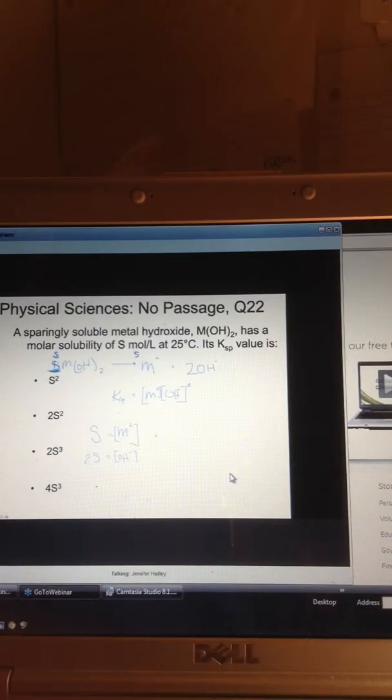Okay, so because of that, we plug these values into our KSP and get S times 2S squared, which is 4S to the third. And that corresponds to answer choice D.